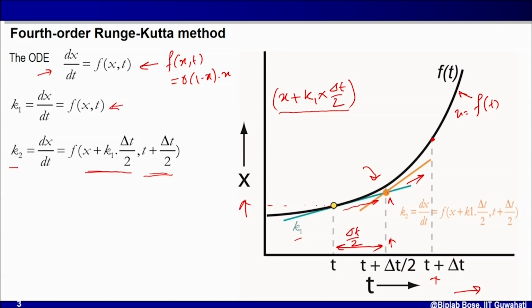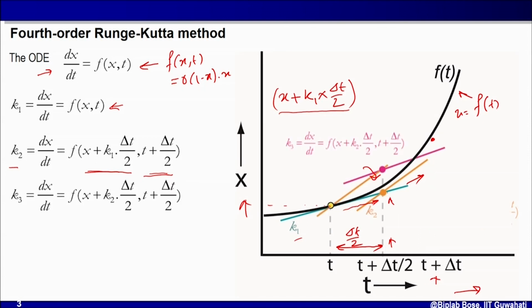So I get the slope here at this orange point. Once I have got the slope here, I draw a line at this original yellow point using that same slope. So I get an orange line here.